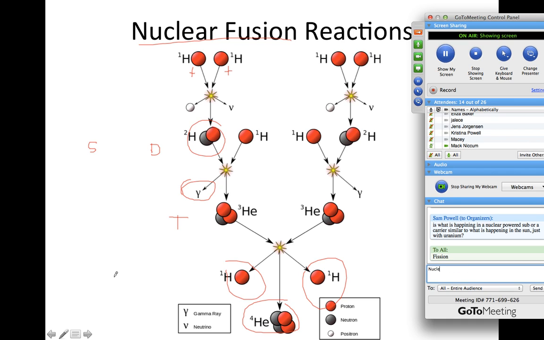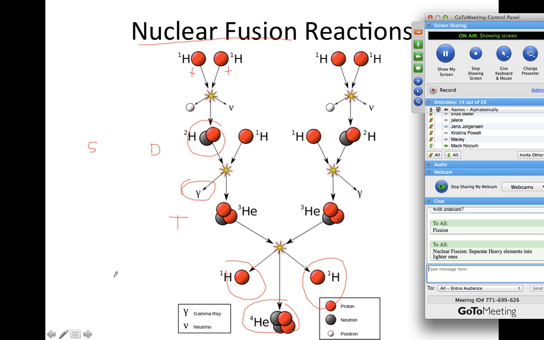Nuclear fission is the opposite reaction: you separate heavy elements into lighter ones. You are dividing these heavy elements, and that is why nuclear fission reactions need uranium.